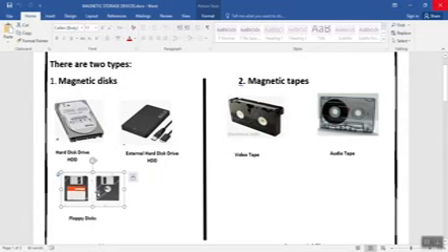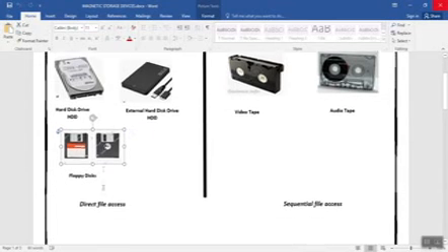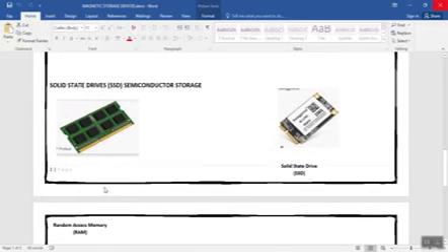Reason being that, one, they've got slow access to data, and two, their storage capacity is so small. And that is the main reason why we are now moving to solid state drives.